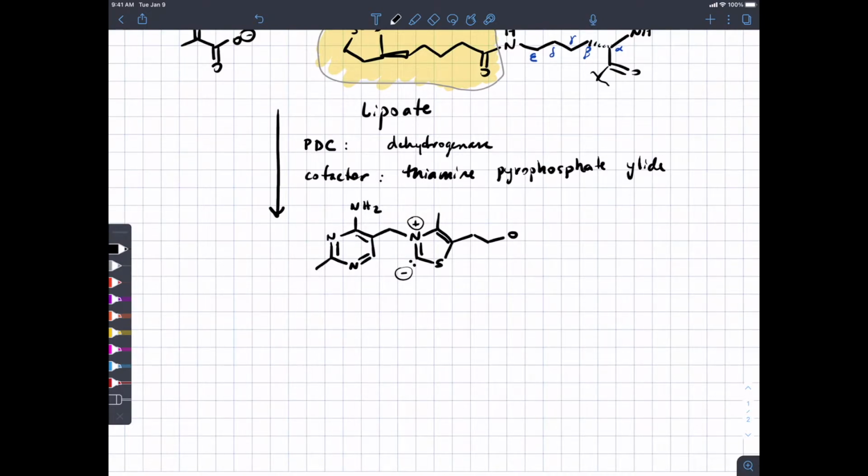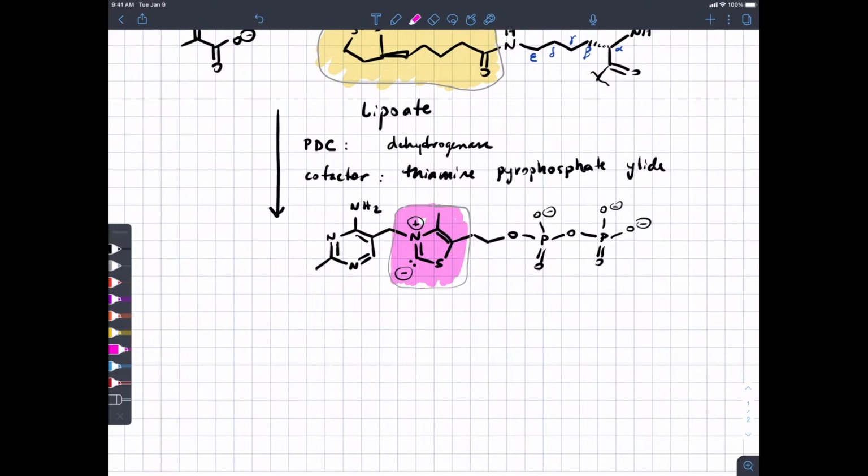And I don't know why the pyrophosphate is there other than to perhaps facilitate interactions with the enzyme. But the really important part of the molecule is right here. So that's what we will focus in on.